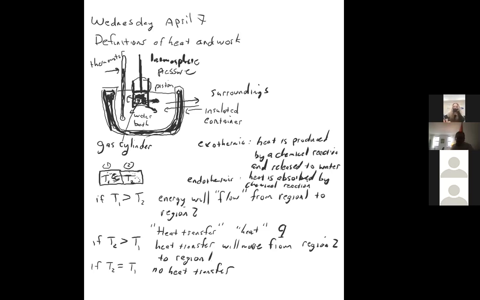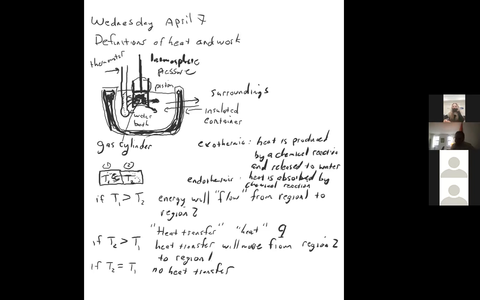Now, when that happens with the thermometer, the heat's being absorbed by the reaction from the water. So the heat's going from the water into the reaction, so the thermometer gets colder. It measures it as a lower temperature.